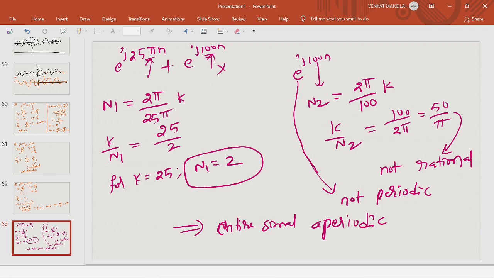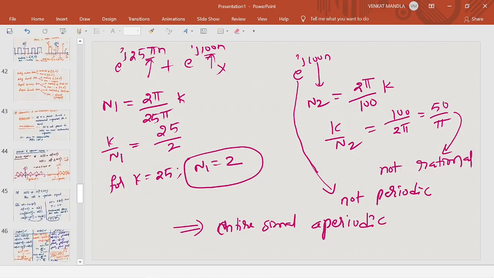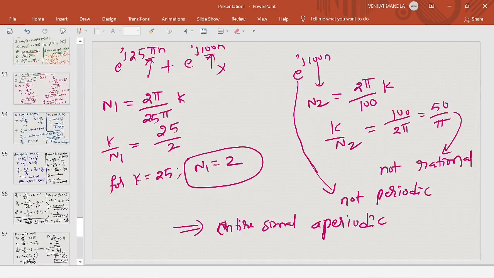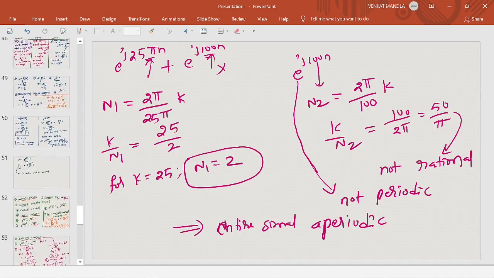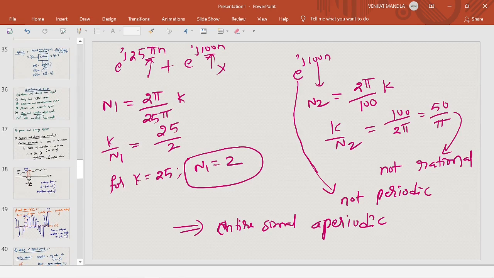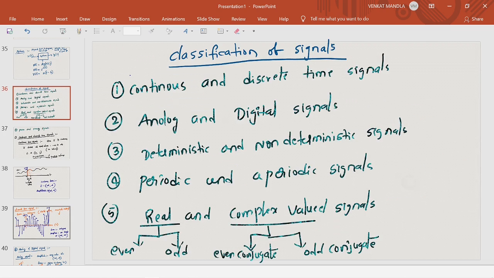I have discussed enough on periodicity, so I will go to the next classification. The next classification is real and complex valued signals. Anyway, I will discuss it at the last.